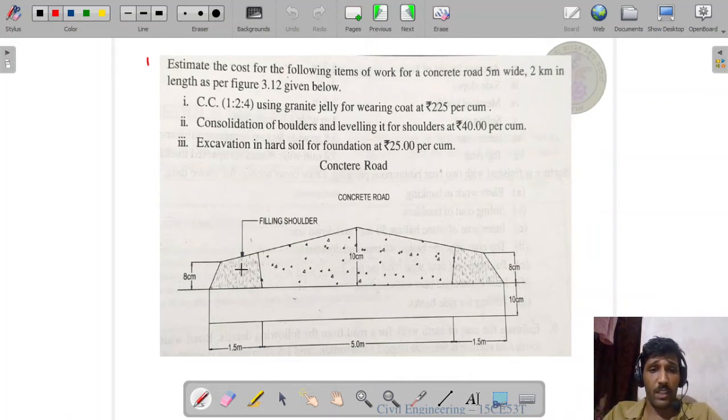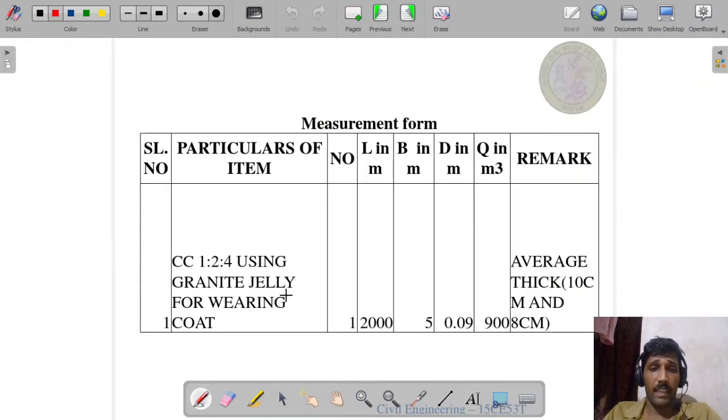Now this is the shoulder, where boulders are used for the shoulder preparation. The concrete road width is only 5 meter, and 1.5 meter on each side is the shoulder. Number 1, length 2 kilometer, that is 2000 meter.